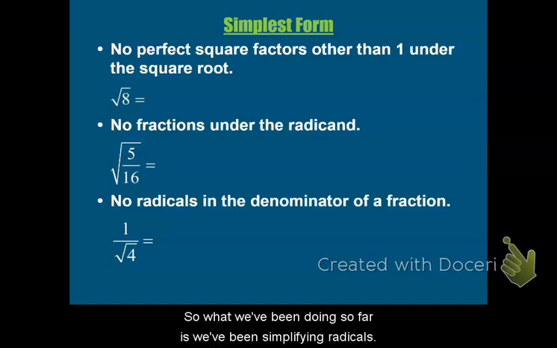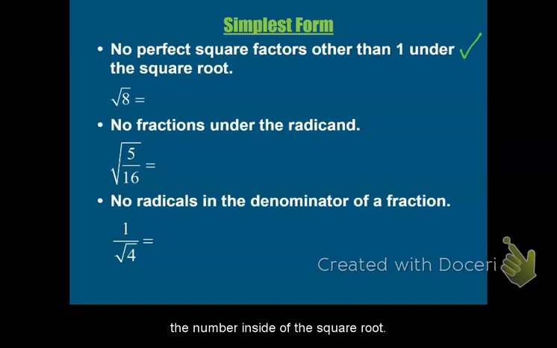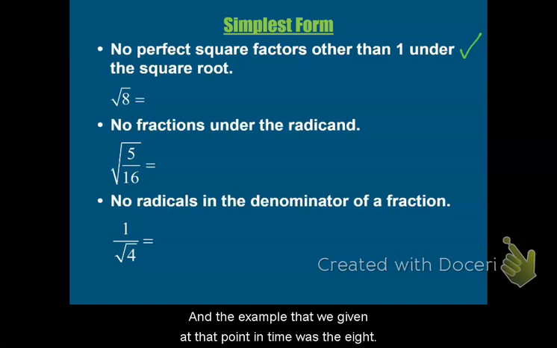So what we've been doing so far is we've been simplifying radicals, and we talked a little bit about this first kind of rule, I guess you could call it, for simplifying. And we said that the first thing we need to do is check to make sure that there are no perfect squares other than 1 that are factors of the radicand, the number inside of the square root. And the example that we had given at that point in time was the 8.